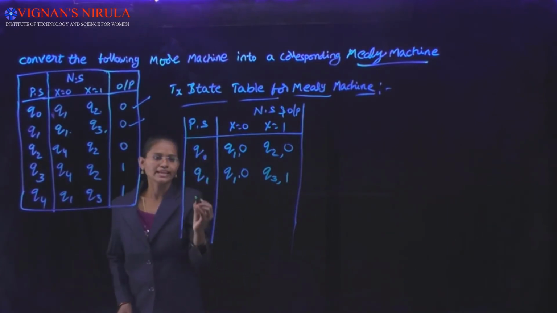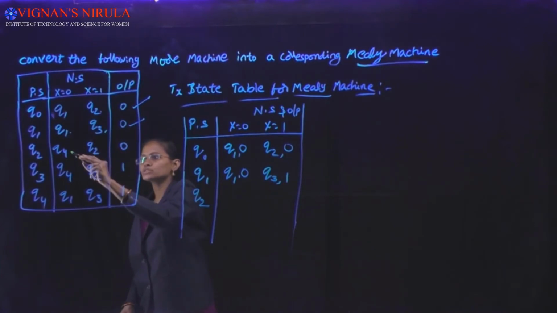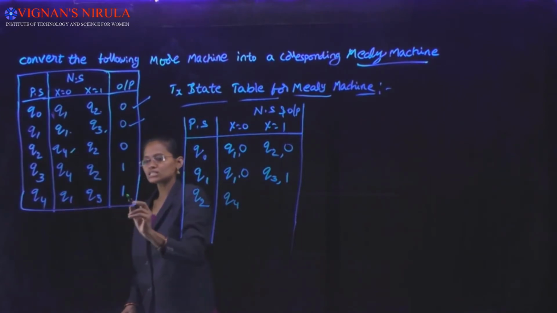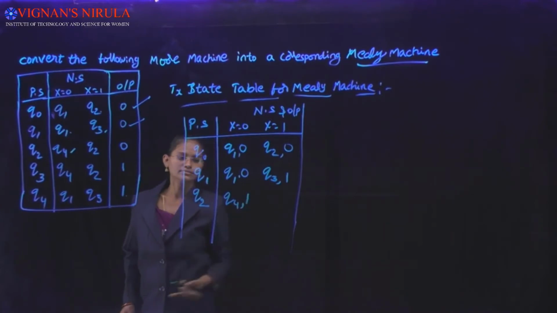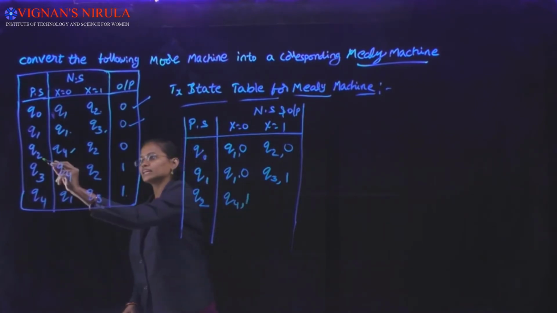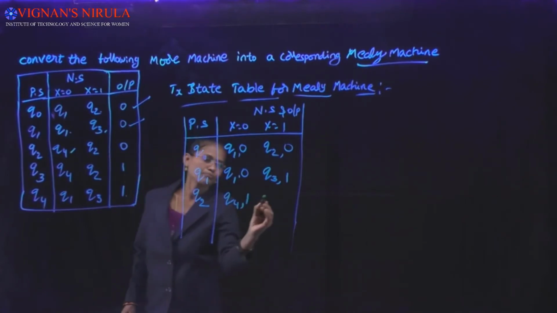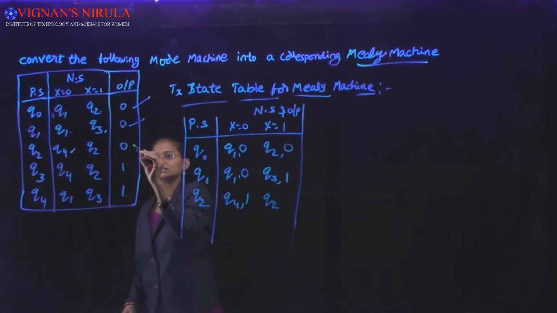Okay, and next present state is Q2. If x equal to 0, the next state produced is Q4. Here the Q4 output is 1. And next, if x equal to 1, the next state produced is Q2. Here the Q2 output is 0.